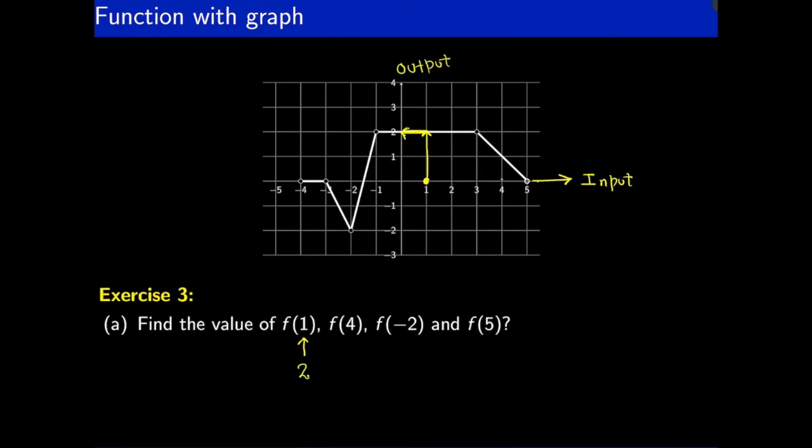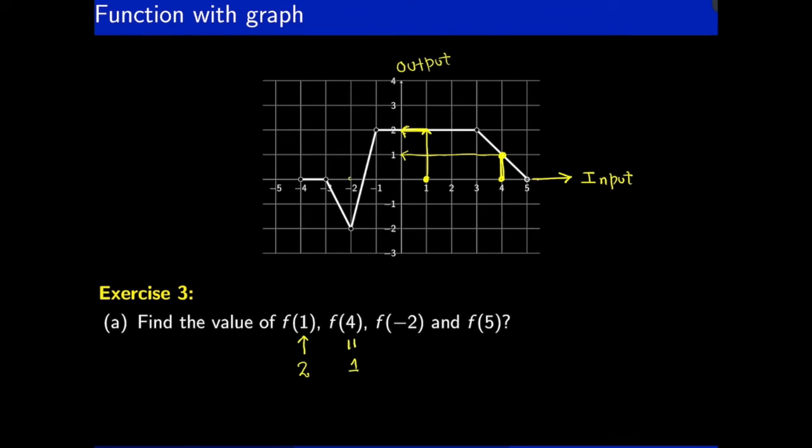At 4, so here is 4. We will walk first vertically. This is the graph, and then we will go horizontally to the y-axis. So this value is 1. At negative 2, so this is negative 2. If you walk vertically, because the graph of the function is above, you have to walk vertically to the graph. And as you can see, there is a hole.